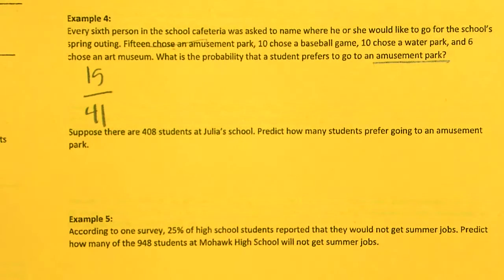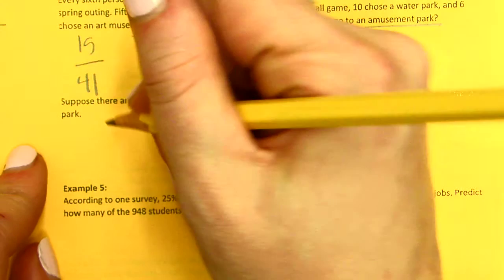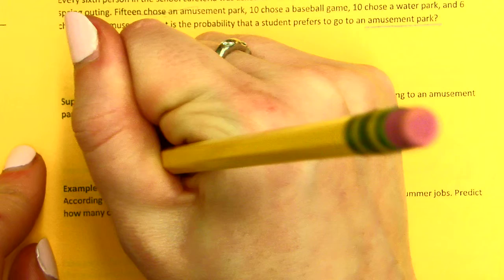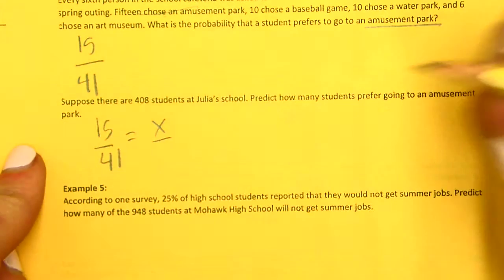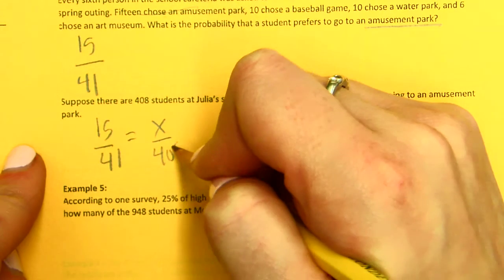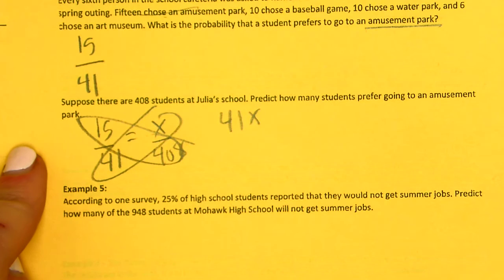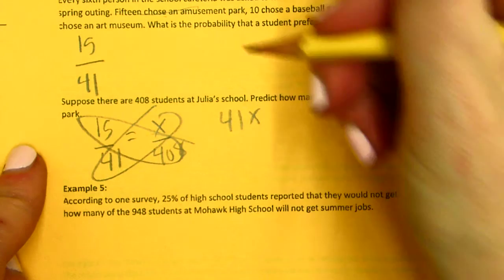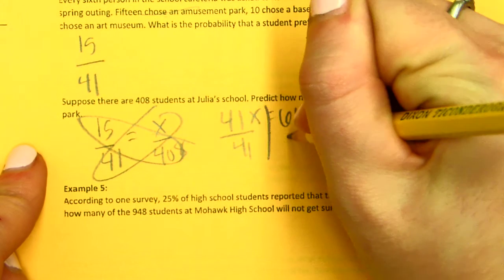That's the probability. Now if we suppose there are 408 students in Julia's school, we want to predict how many would prefer going to an amusement park. We would do 15 out of 41 equals x over 408. We cross multiply. 15 times 408 is 6,120, and then divide by 41.